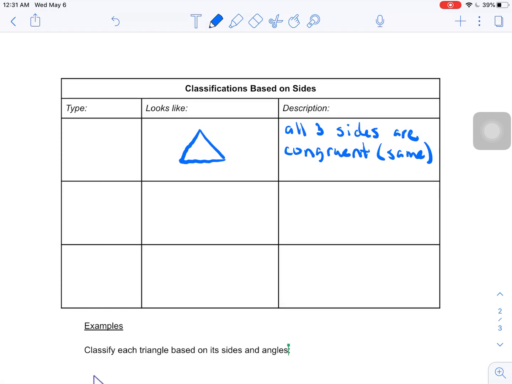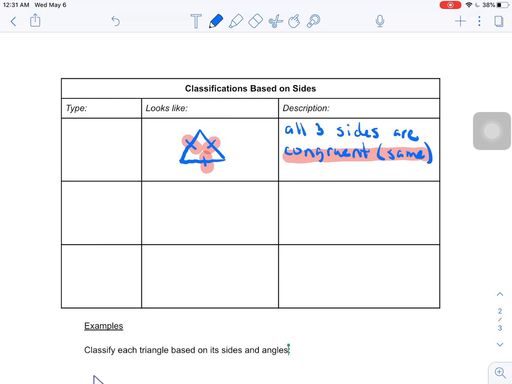We also have a way to show that. We have a notation for when things are congruent or the same. Sometimes you will see what looks like little tick marks across the sides of a shape. Those are congruent marks. Any sides that have those matching marks, that tells you that those sides are all the same length. So when you have three sides the same length, they should be labeled on the triangle like that.